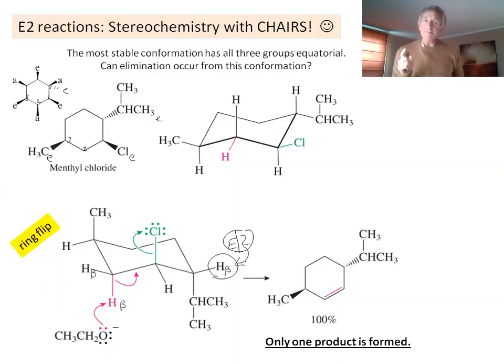Kind of cool. And again, even though this is the highest energy conformation, this molecule will ring flip back and forth. And every time it ring flips to the higher energy one, just a little bit, boom, boom, E2 happens. And then I make this product, and there's ways to make sure it stays there and doesn't go back in equilibrium. A lab trick we can show you at some point.